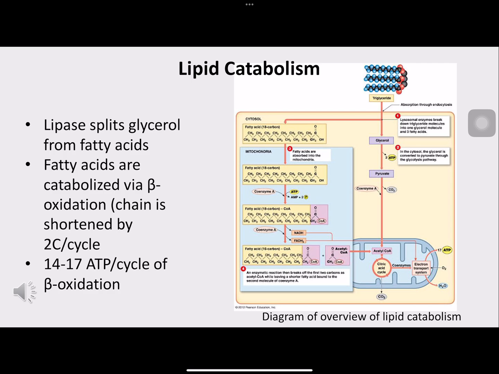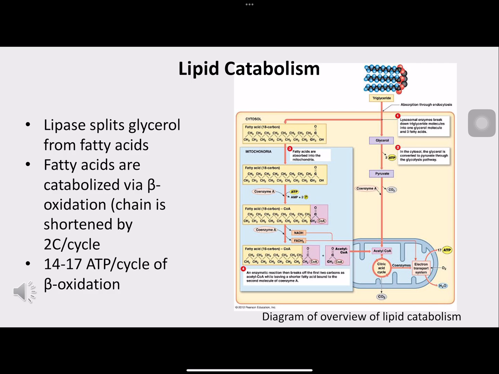And now we're just going to be considering the picture for even carbon number saturated fatty acids.